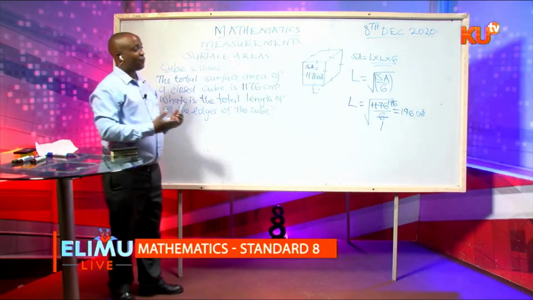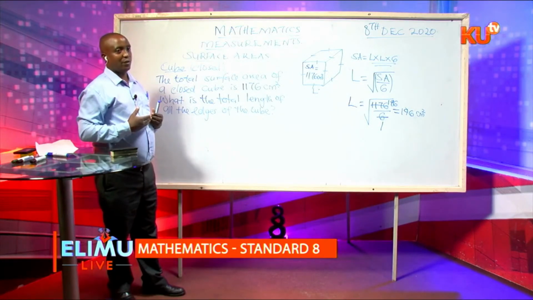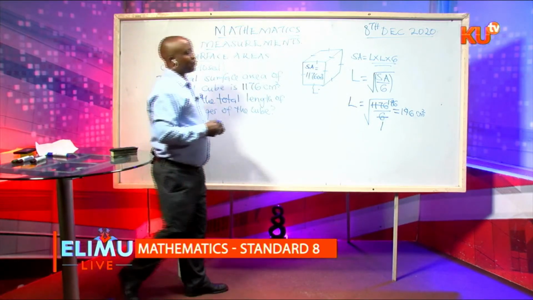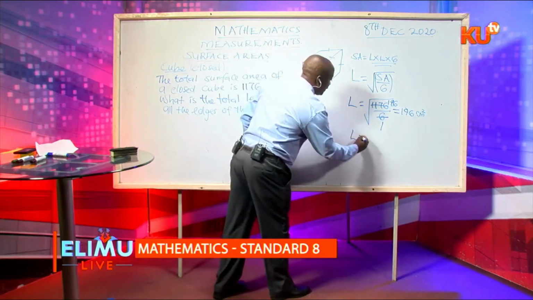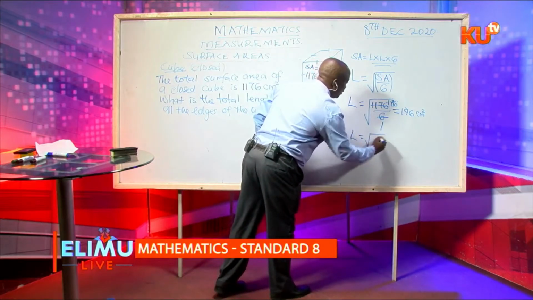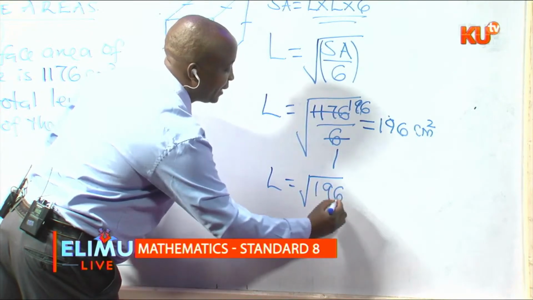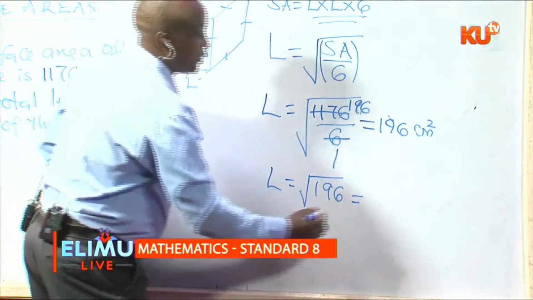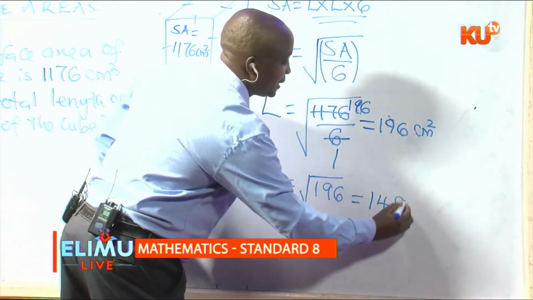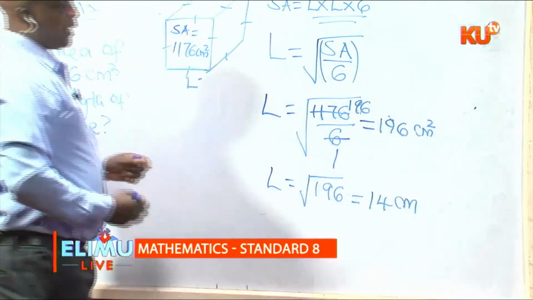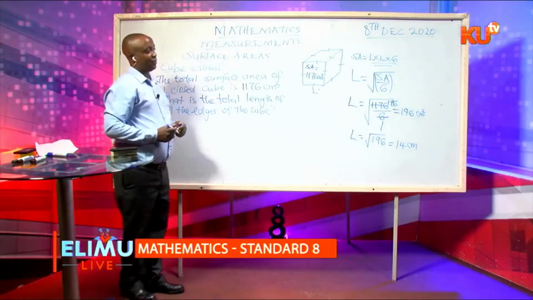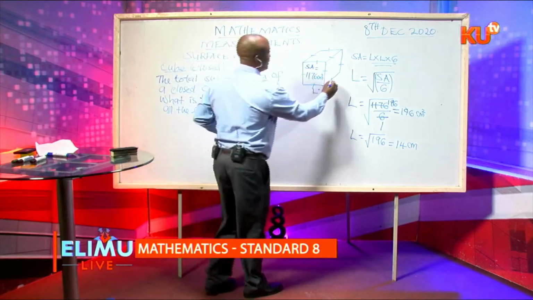So that is the area of one face of the cube. To get the length, we are going to find the square root of 196, and you are going to get 14 centimeters. So the length of one side of the cube is 14 centimeters.